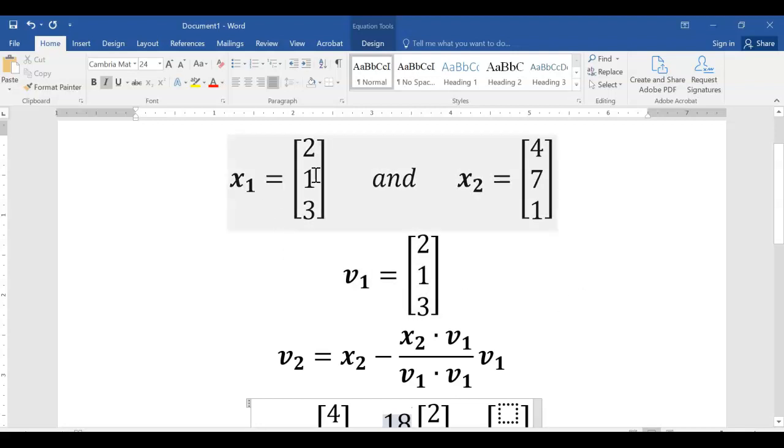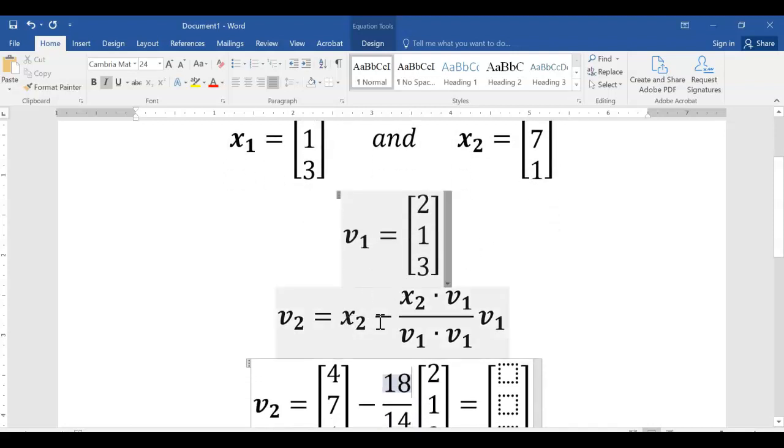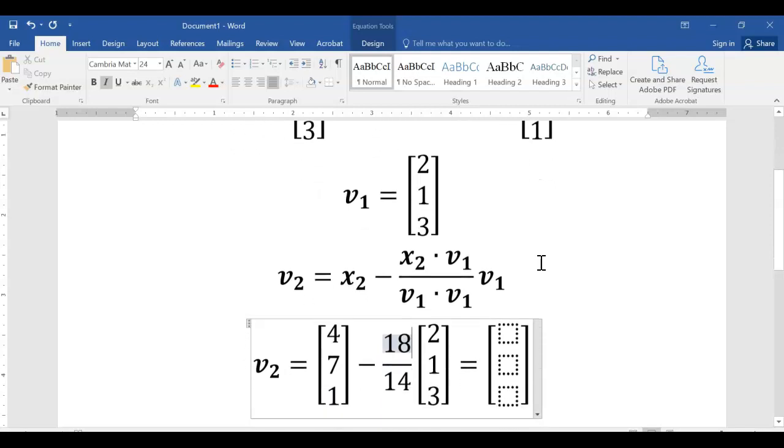So x1 is 2, 1, 3, so v1 has to be 2, 1, 3. Now, instead of adding x2, we're going to look at x2 minus the projection of x2 onto v1. So x2 is 4, 7, 1.